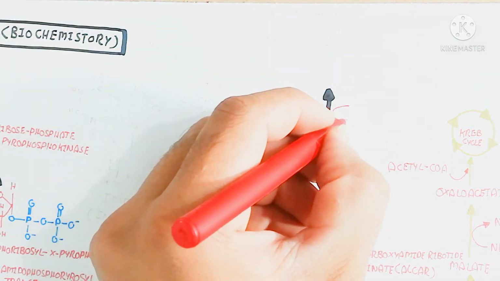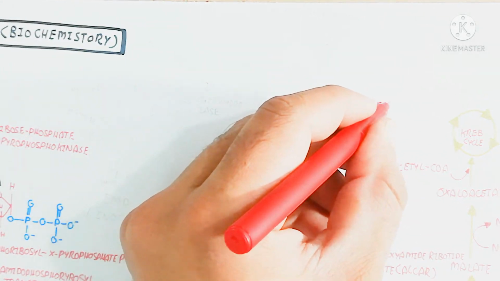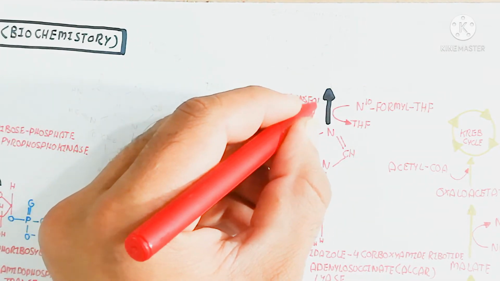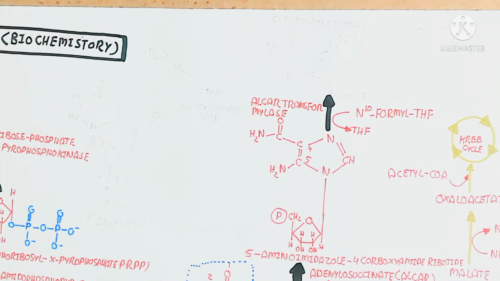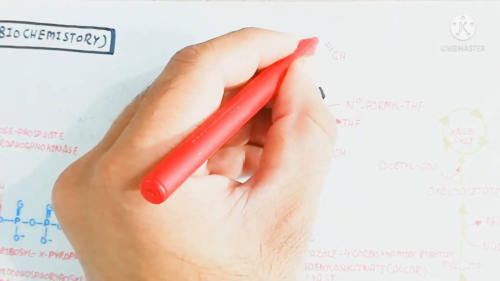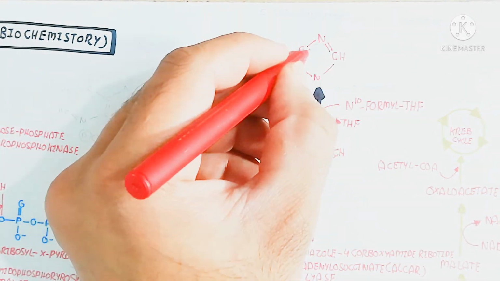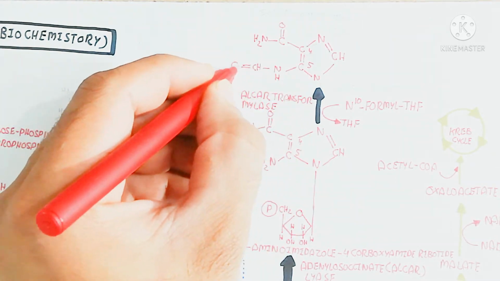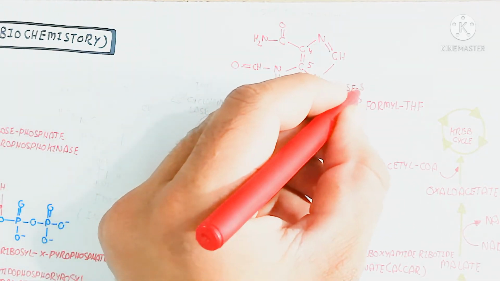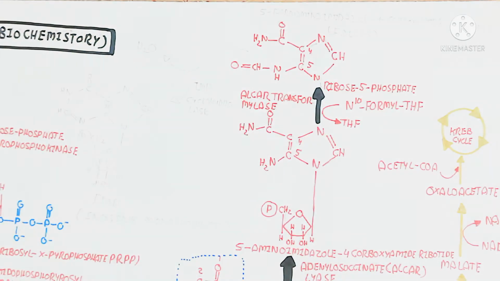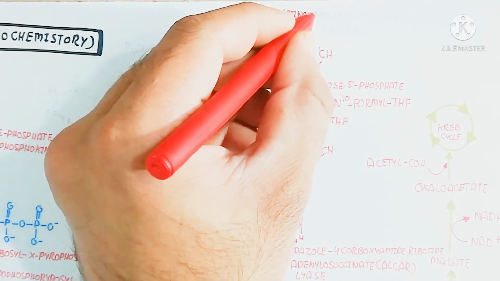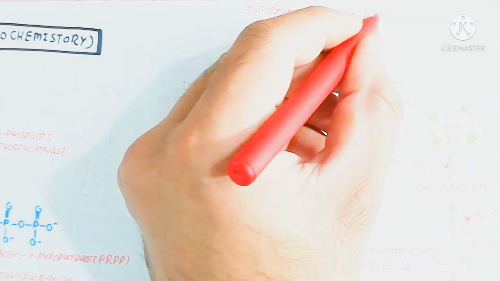In this way, the N10-formyl THF is released in the form of THF, and the AICAR transformylase enzyme is used. Here is the ring formation.